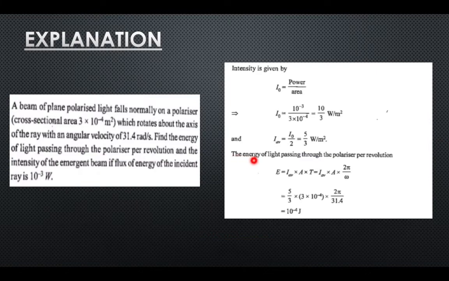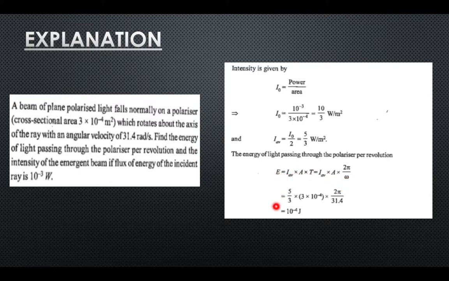So the energy of the light passing through the polarizer per revolution will be energy equals average intensity into area into time. Understand the equation very carefully. Time can be written as 2 pi by omega, since we know the general equation 2 pi equals omega t.